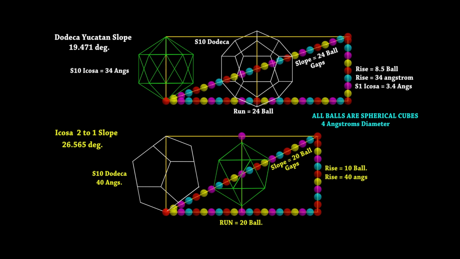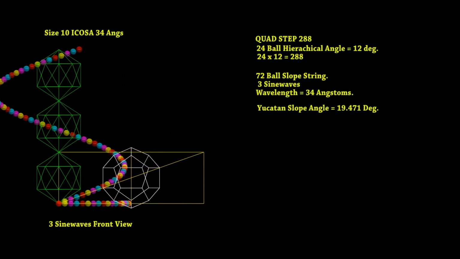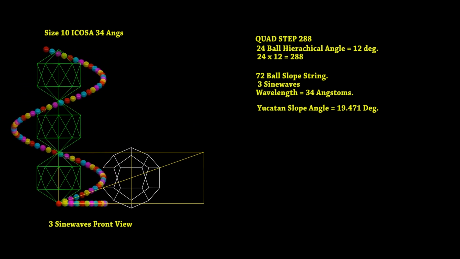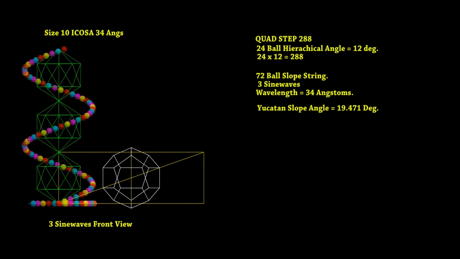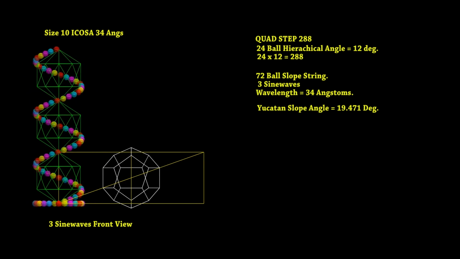Okay, now take a look at this. Look how a 72 ball slope can wrap around 3 Icosas. Now I show a Yucatan slope of 72 balls and the horizontal slope is 24 balls. You could call the horizontal slope a 0 degree slope.